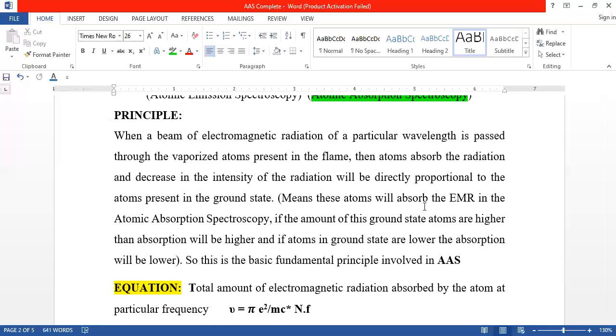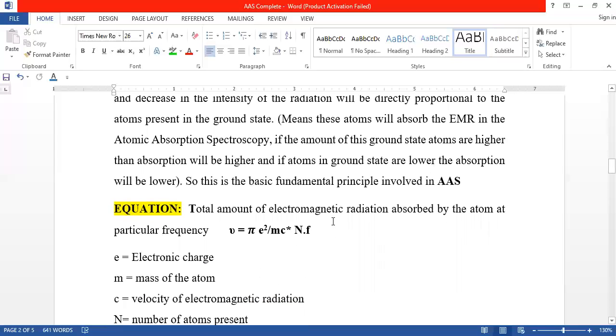Now coming to the equation, the total amount of electromagnetic radiation absorbed by the atom at a particular frequency. You can see this is the equation: nu is equal to pi e square by mc into N into f.